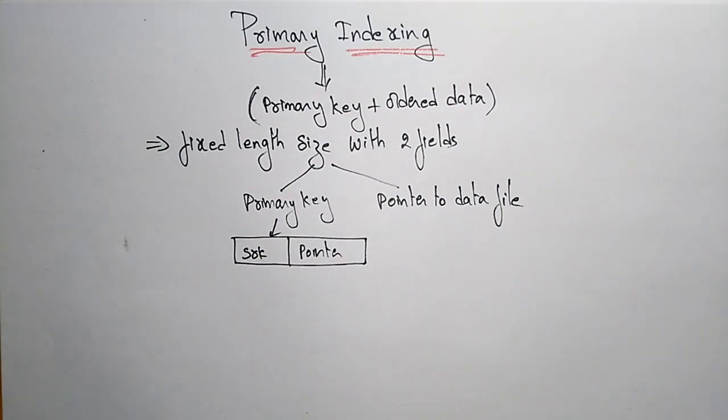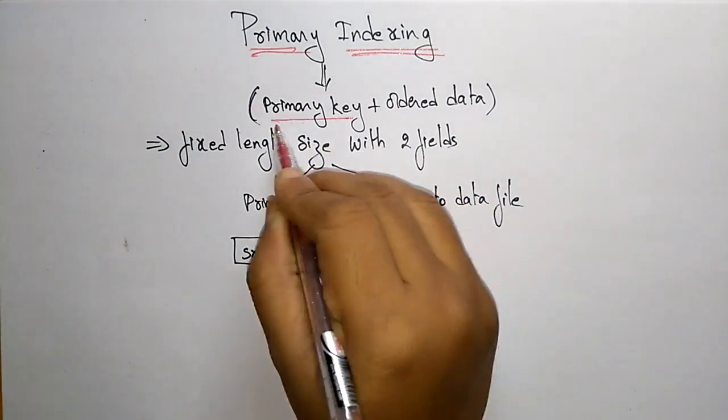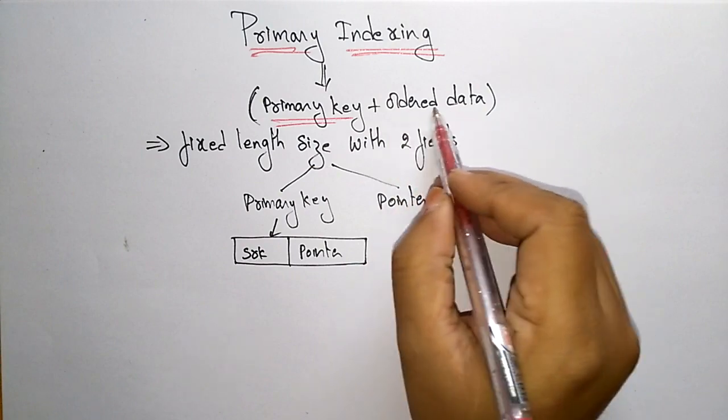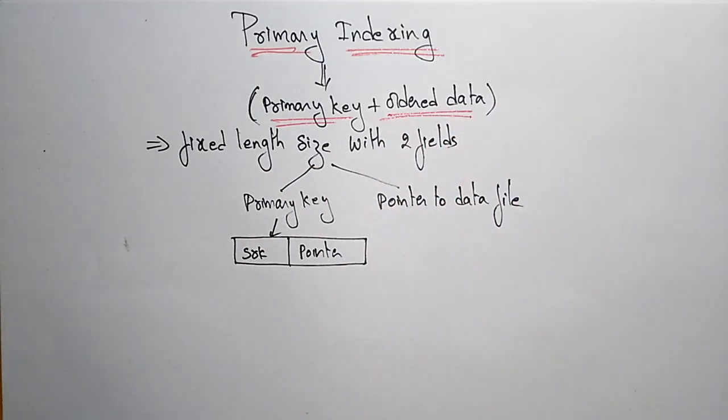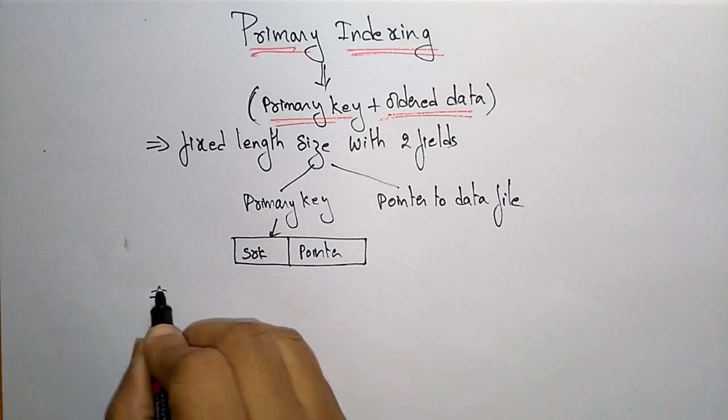This is about the primary index. The primary index consists of the primary key, and the data that should be accessed in the tables should be ordered data. So here an index entry is created for the first record of each block, and you call it a block anchor.